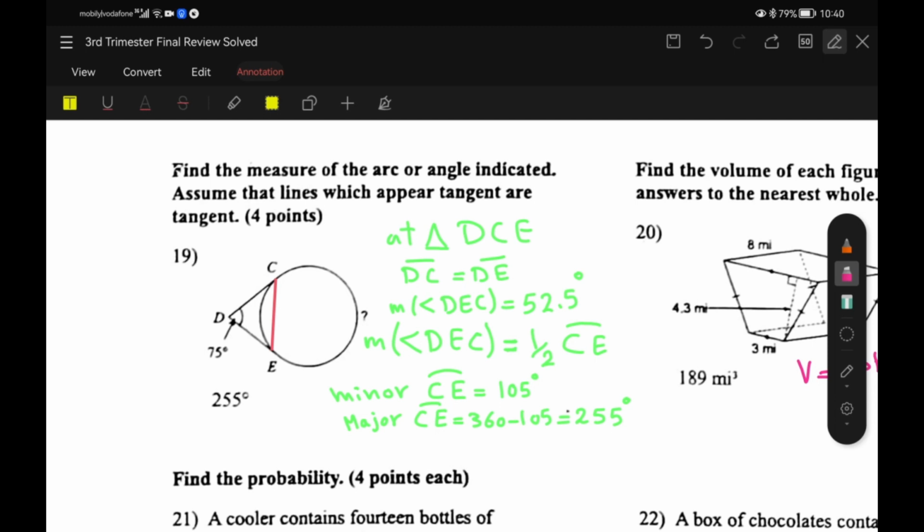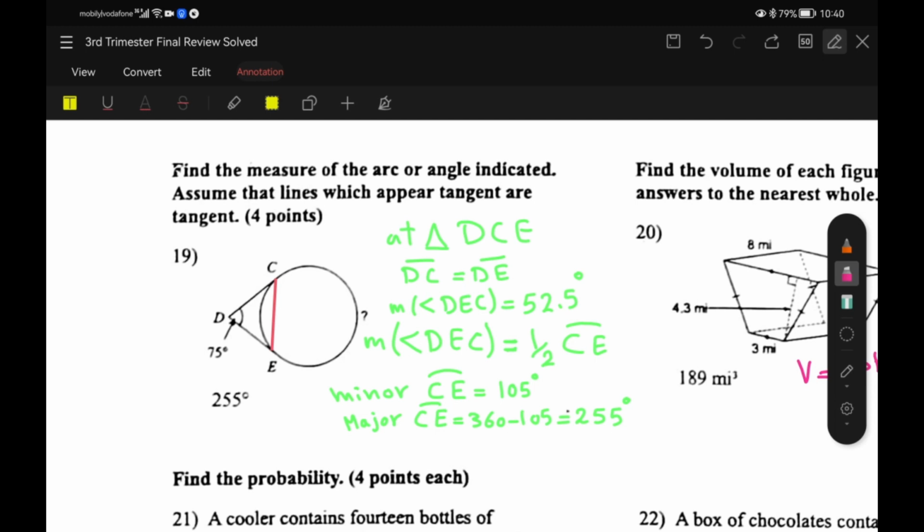Okay, to find the measurement, it's required to find the measurement of the arc CE, the major arc CE, not the minor one.